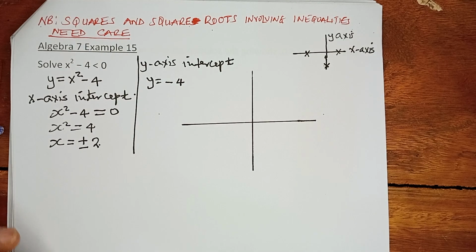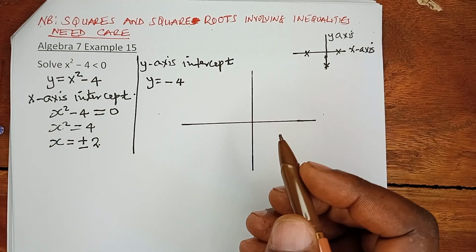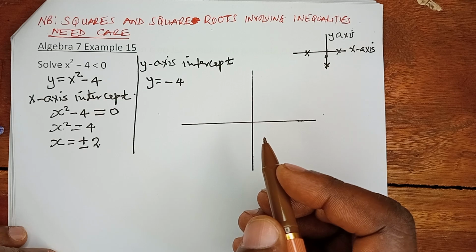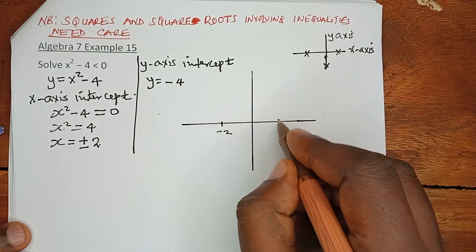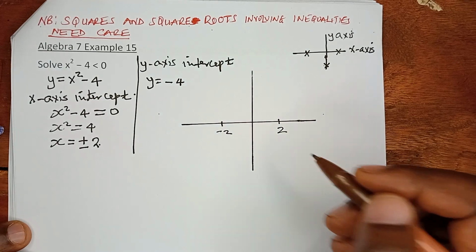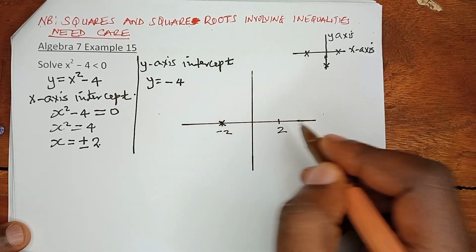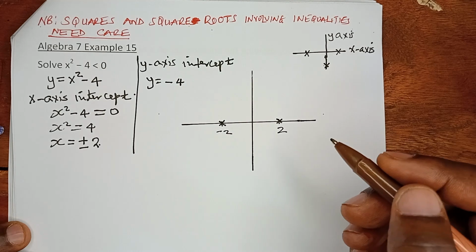There we go. We have seen that the x-axis intercepts are minus 2 and positive 2. Those 2 points, at least our graph must pass there.